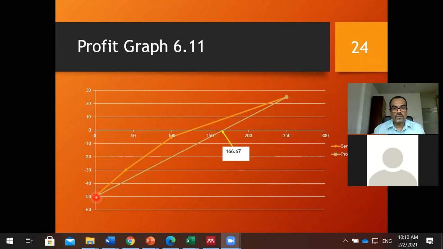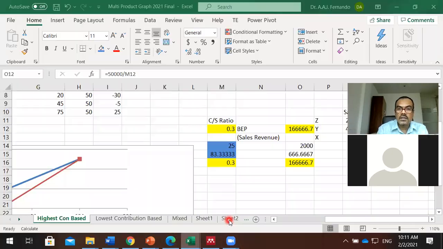No item is produced, so you end up with a loss of 50,000. Assume that if you produce any item, here we have taken, you can mark total revenue of 50,000. Let's go to the Excel sheet and check.